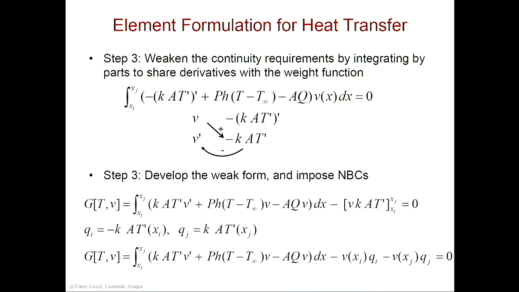In this case, qi has been reversed in sign, but I'll show you later how that works. The important thing is that this is minus and minus. I want to keep it that way so when I bring it to the other side, they're a positive sign. You can work it at home to see it works out. So that's a weak form right there.